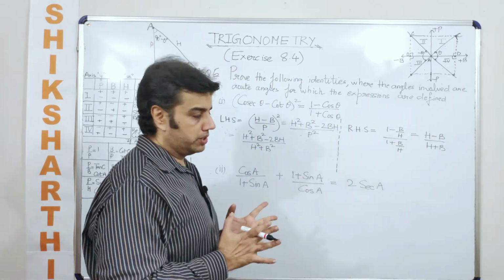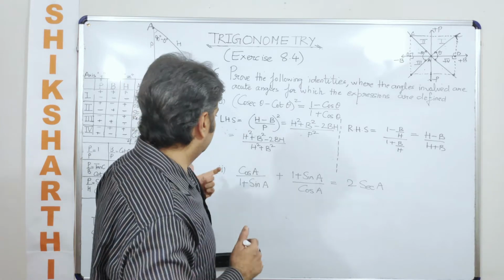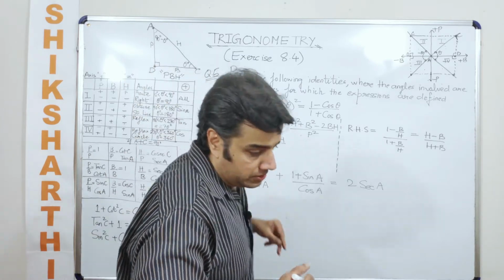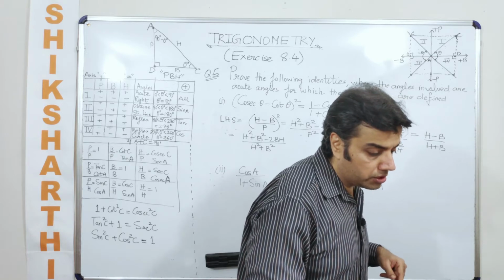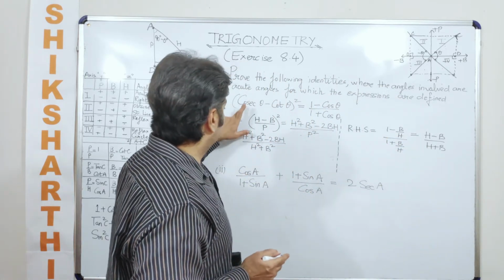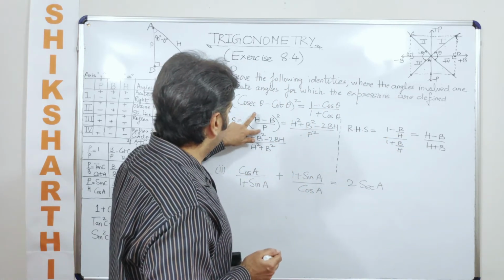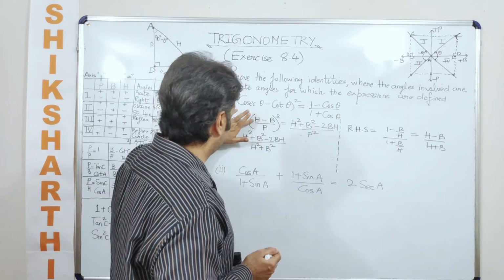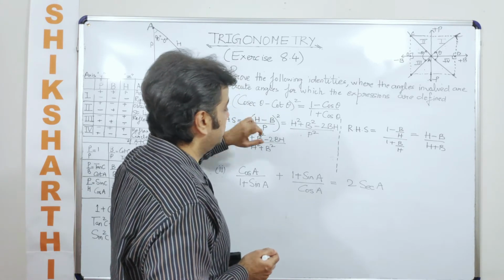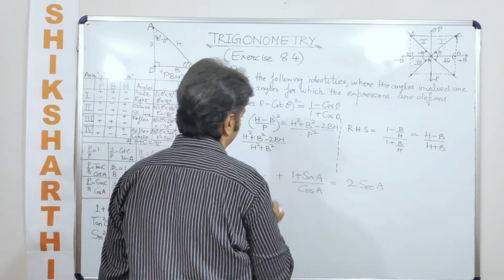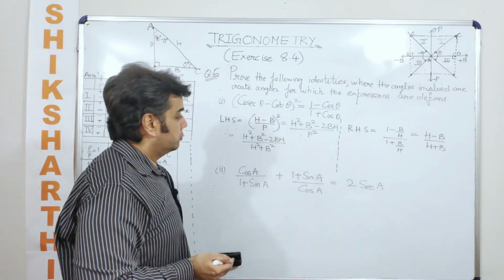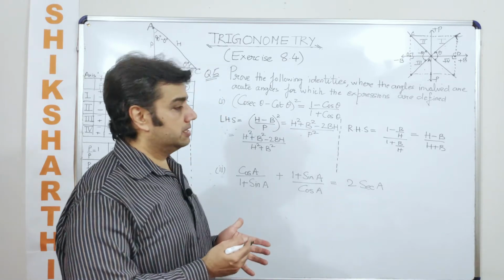It is up to you how you do it, but I hope this has been done correctly. So the question here was cosec theta minus cot theta whole square, that is, hypotenuse upon perpendicular minus base upon perpendicular whole square, and then we expanded. Okay, so what do we do after this?